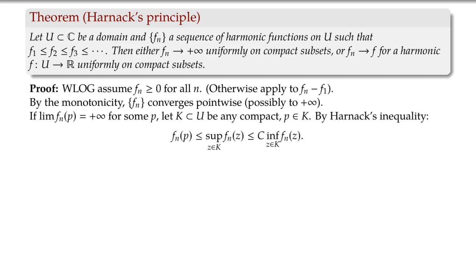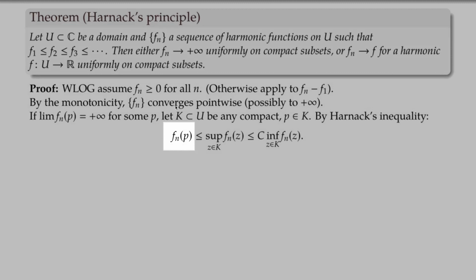We apply Harnack's inequality and get that, because P is in K, right? And really, you can take any K and throw in P, and you get a compact set including P. So we're going to get something for all K. If we get f_n at P, which we know goes to infinity as n goes to infinity, I can just take the supremum over all z in K. P is in K, right?